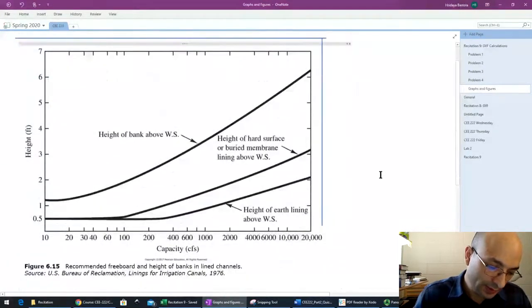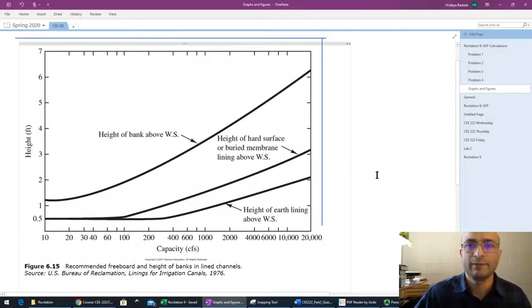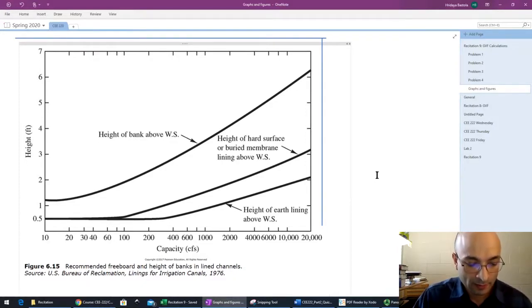This is a figure from your book, figure 6.15. It's a figure from the Bureau of Reclamation. There are different ways, there's not one way to estimate this, but a figure like this is one way to estimate the freeboard height.